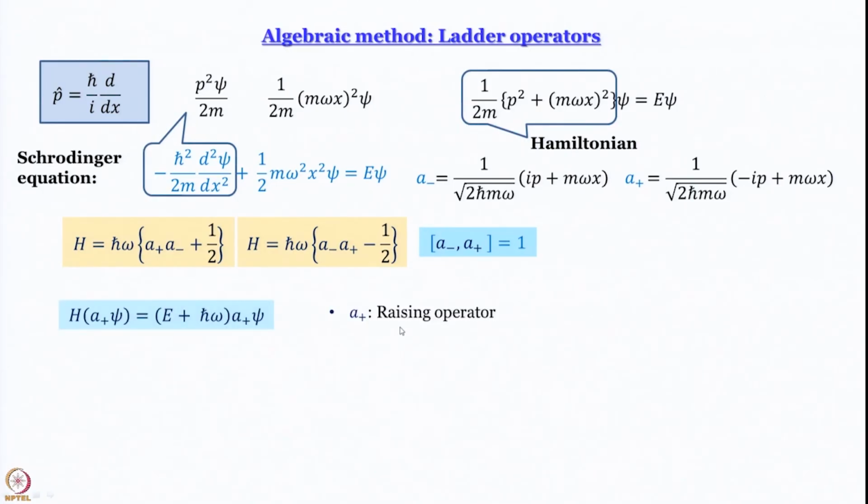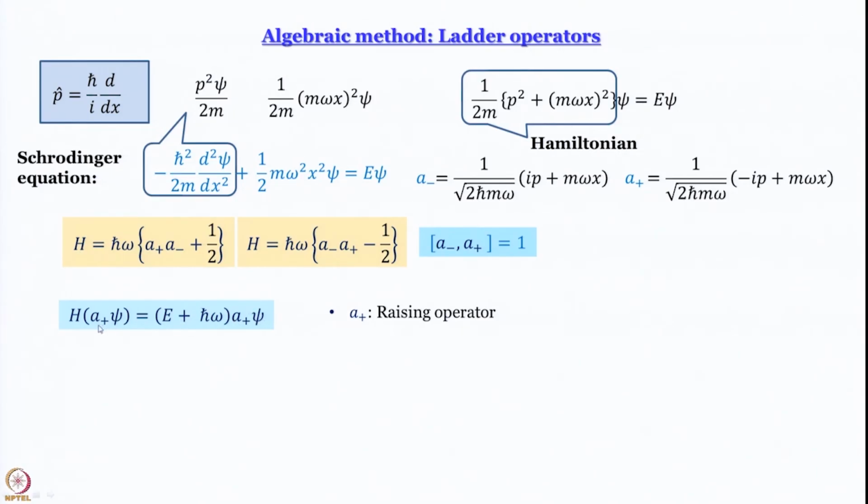Then we came to this question, why is a plus called a plus, why is a minus called a minus? Because we proved that when a plus operates on psi, it produces a wave function which has an eigenvalue of E plus h cross omega. E is the energy of psi, the original wave function.